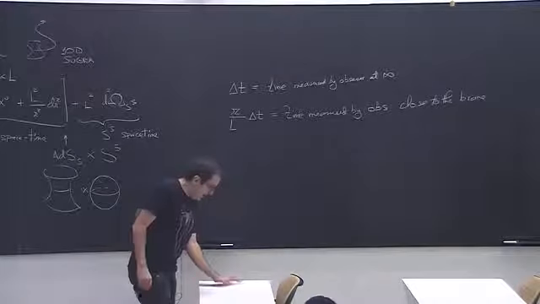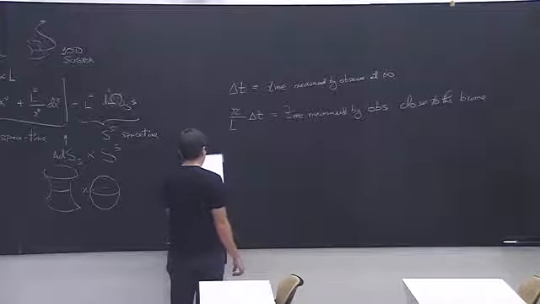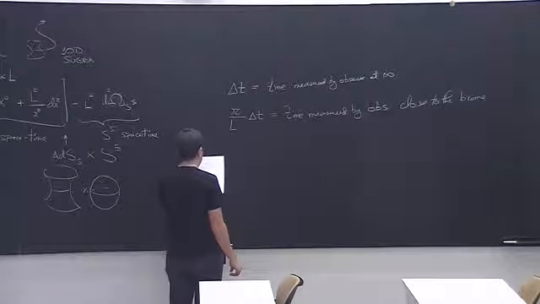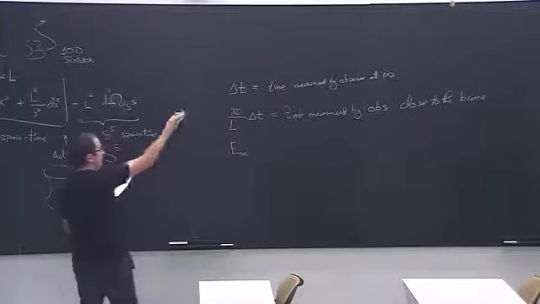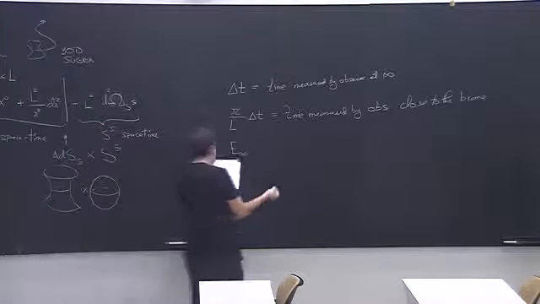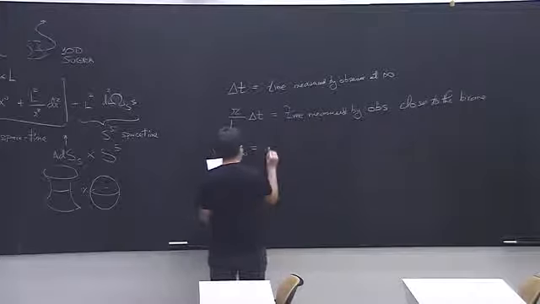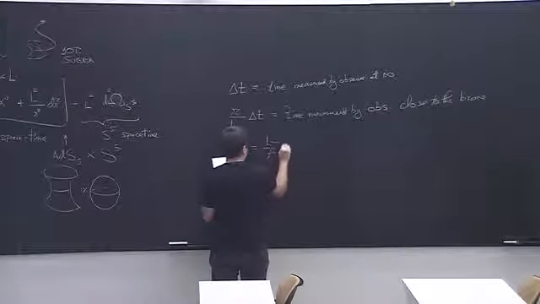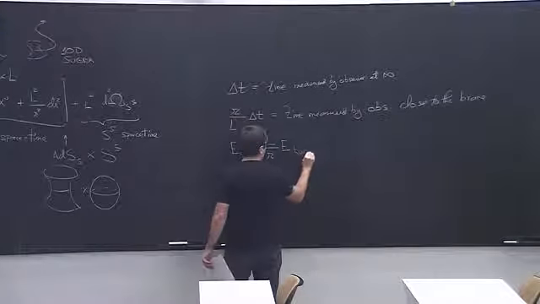Okay? And given that, I conclude that the energies, if I flip energies, I just flip these relations. The energies measured by someone at infinity would be related to L over R times the energies measured by someone close to the brane.